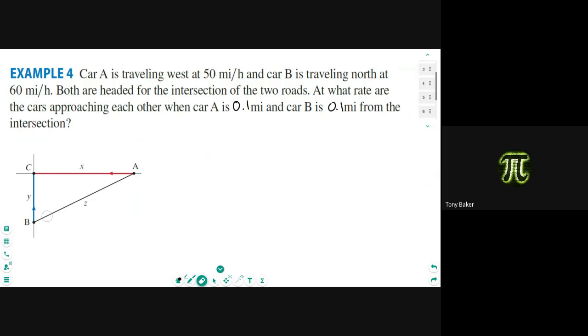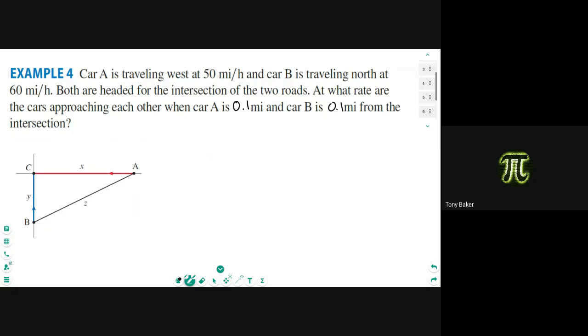So what's the formula that I'm going to use to relate these? Or actually, before we do that, what information do I have? Let's do that part, because we have a lot more information in this problem. What information do I have? How fast is car A going? 50 miles per hour.